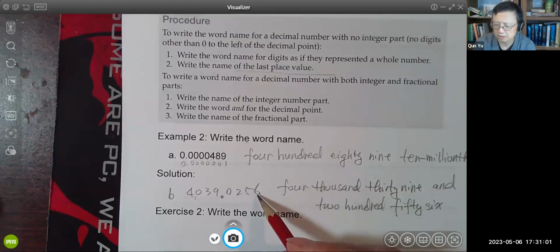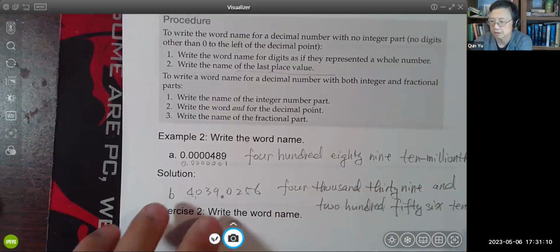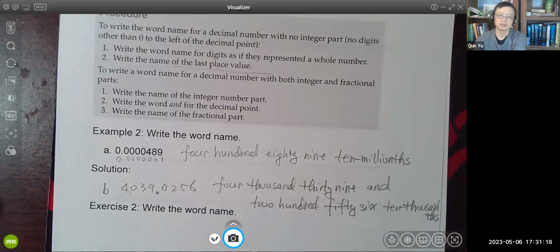Let's look at the last place value: tenths, hundredths, thousandths, ten-thousandths. So ten-thousandths, with TH. 4039 and 256 ten-thousandths. So that's our reading.